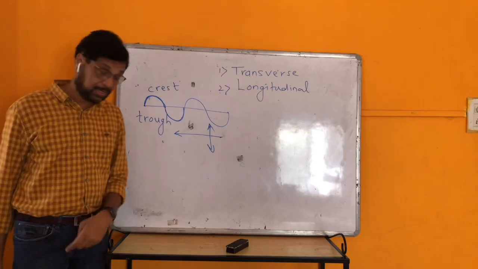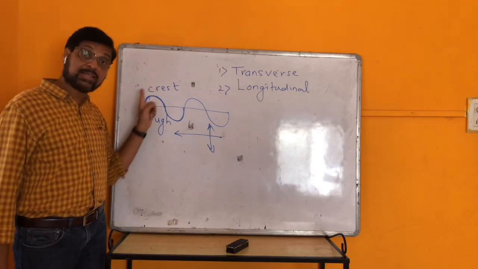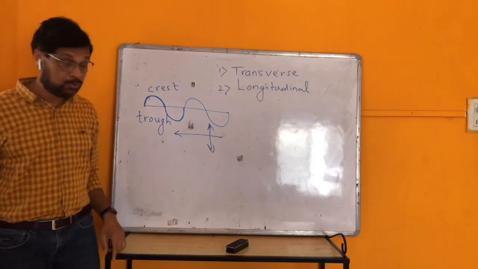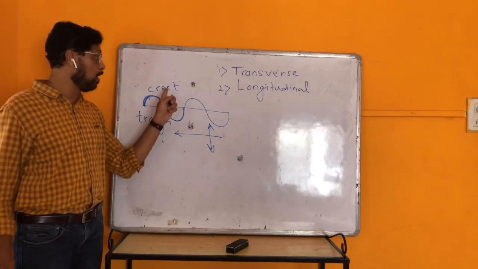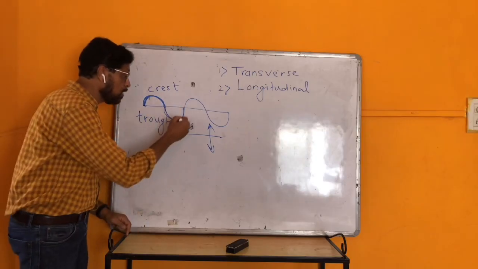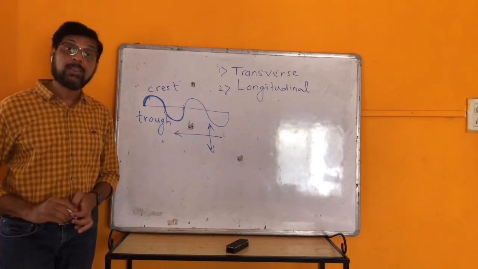Second characteristic. In a transverse wave, crests and troughs are produced. The convex portion is called crest and the concave portion is called trough.